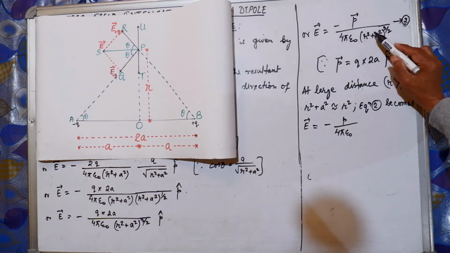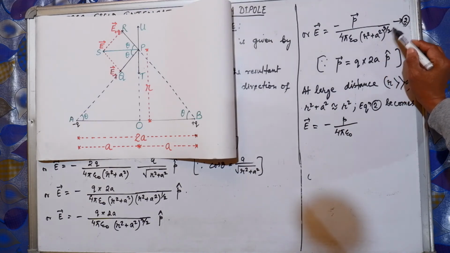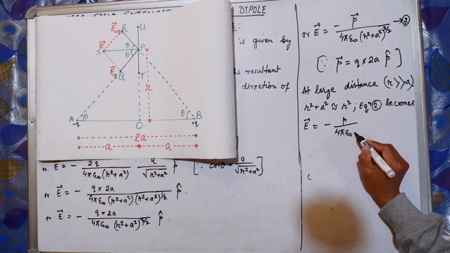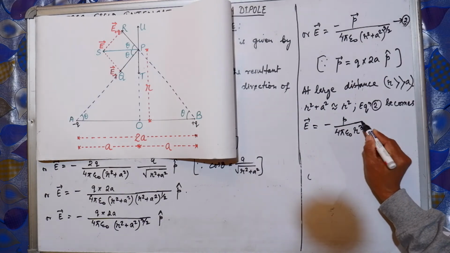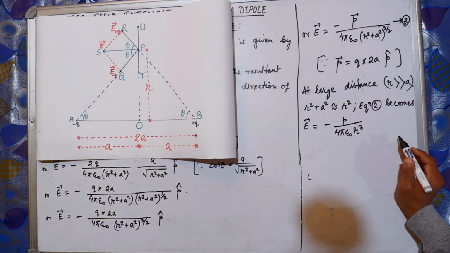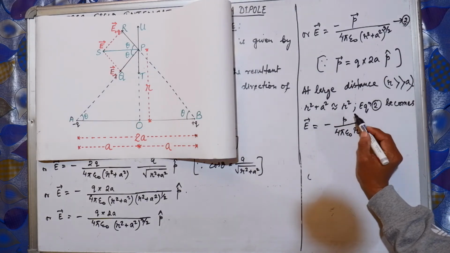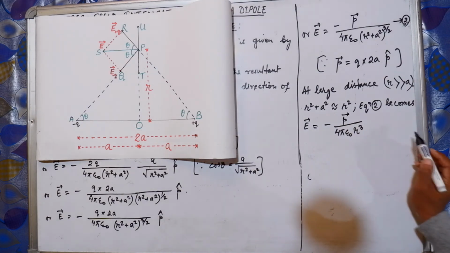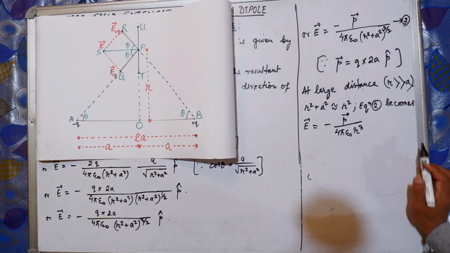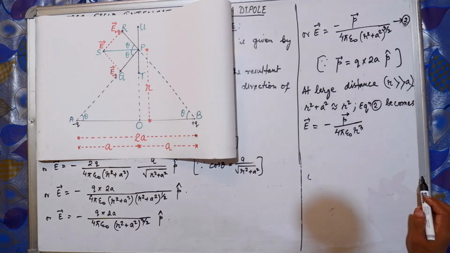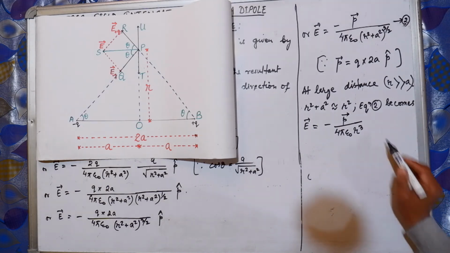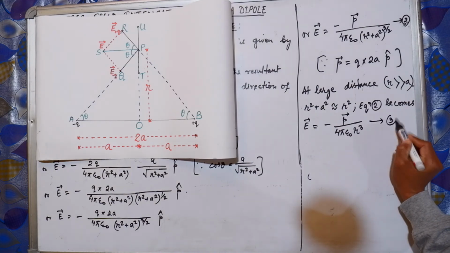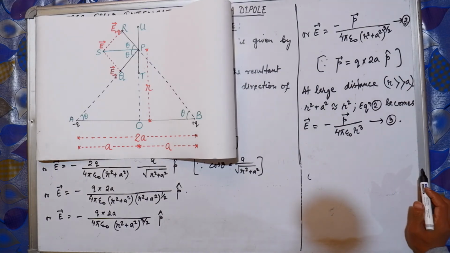This square and the denominator 2 will be cancelled, so R to the power 3 will remain. So it will be minus vector P by 4 pi epsilon naught R to the power 3. Name this as equation number 3, and it is the required equation.